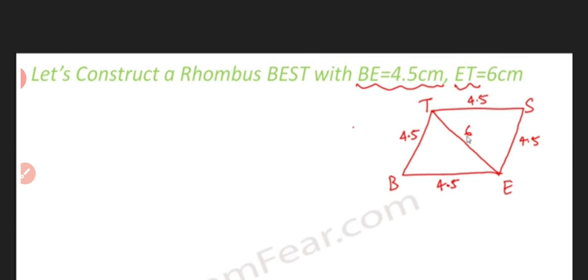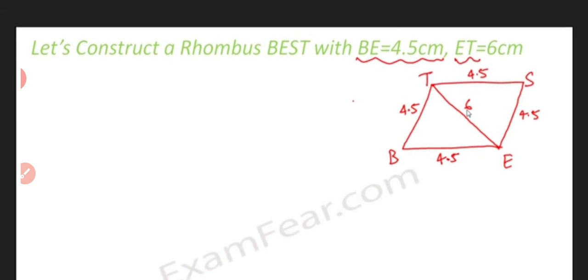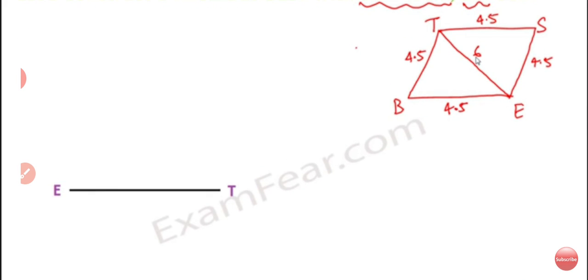Now let's construct this rhombus. First draw the diagonal ET, that is 6 centimeter. Now construct triangle EBT. With T as the center, draw an arc of 4.5 centimeter, and with E as the center, draw another arc.